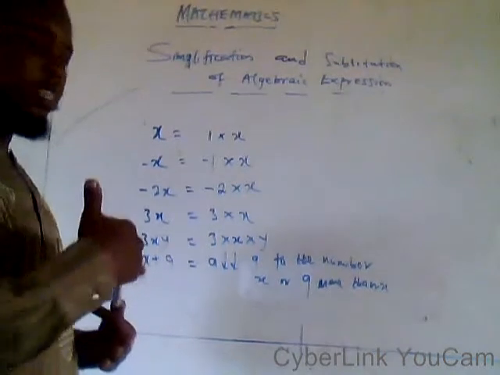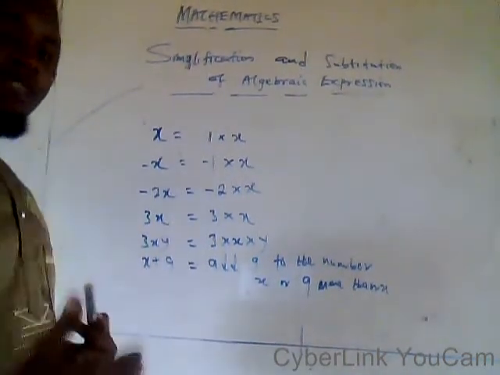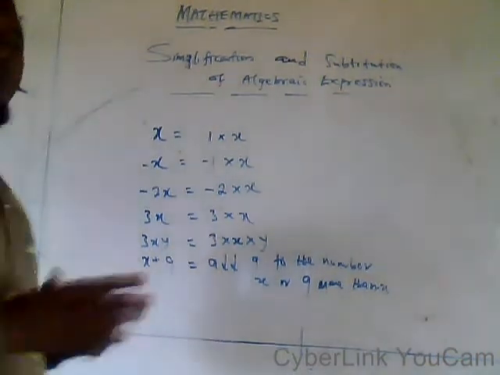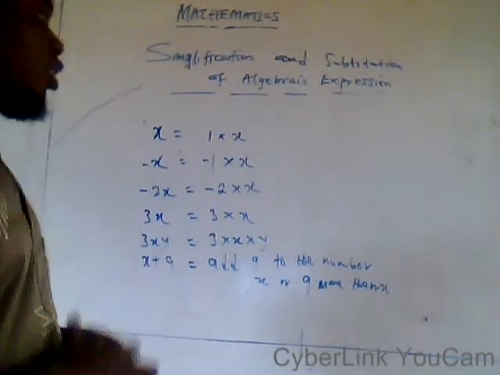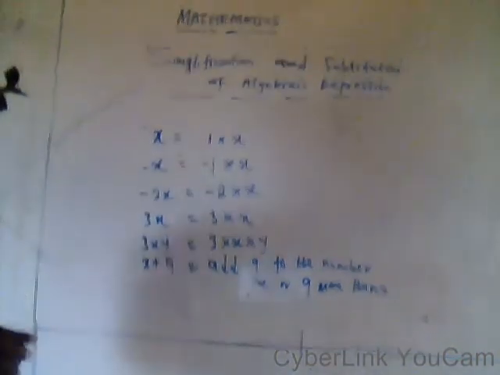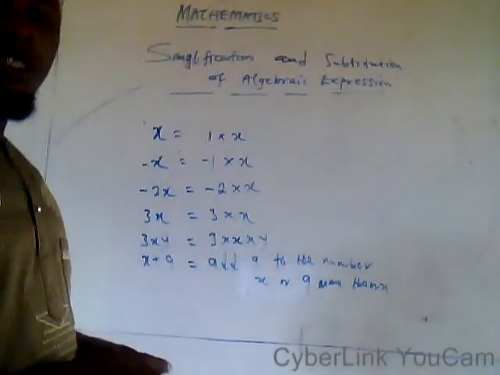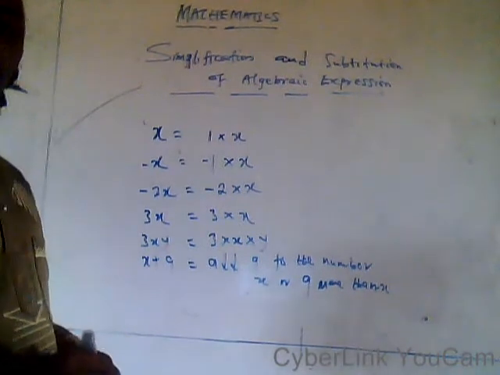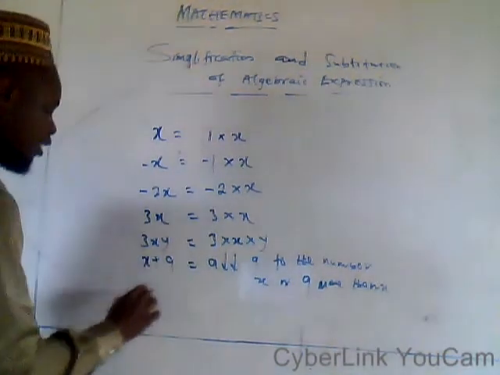The value of x is 9 more than that x. So if I say you have 2 more than x, it means x plus 2. If I say you have 10 more than x, it means x plus 10.